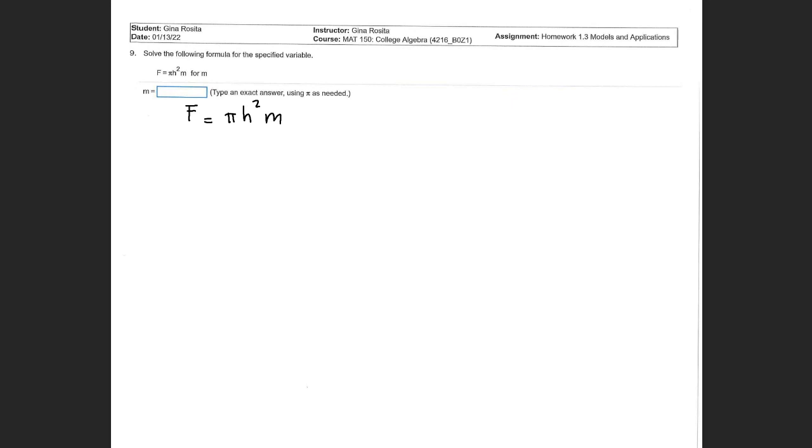You need m. I circle m over here. It means if you divide by pi h squared on the right side, you have to divide by pi h squared on the left side. So on the right it becomes 1, right? So now I can write F over pi h squared equals m.